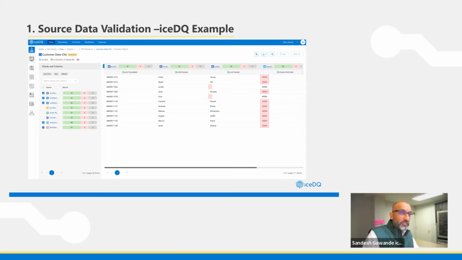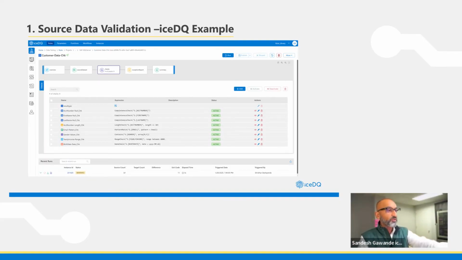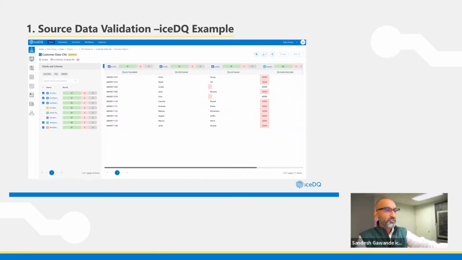Because the name itself is empty. There is no last name available. And then similarly, there are issues with the yearly income. So it is not only showing you, based on the rules that you created, it is showing you what the issue is and where exactly the issue is in the data. So that is the power of testing, and then of course you can take corrective action based on this.